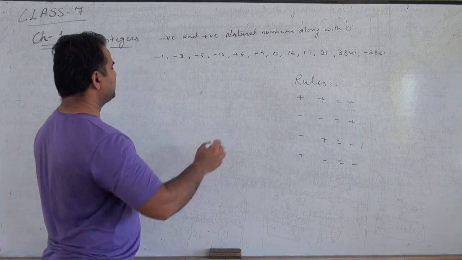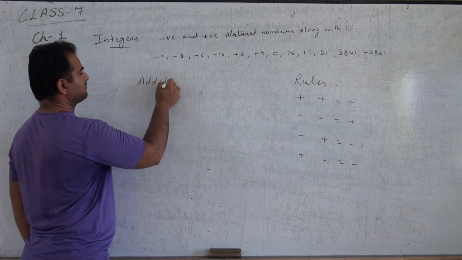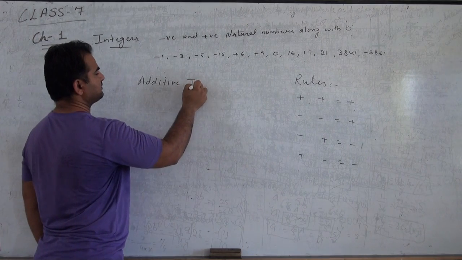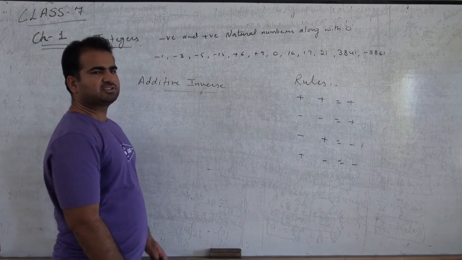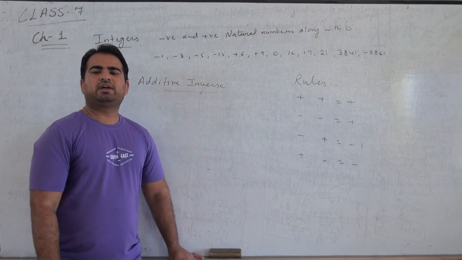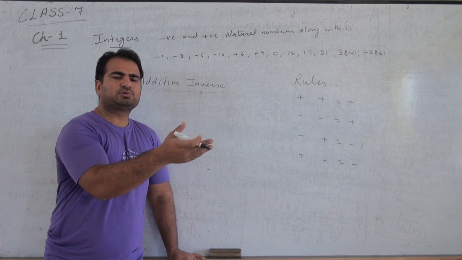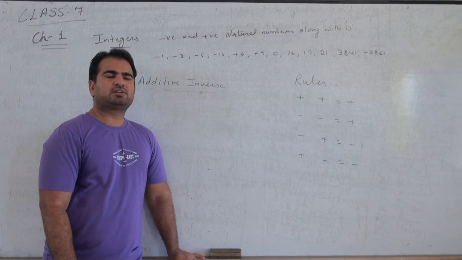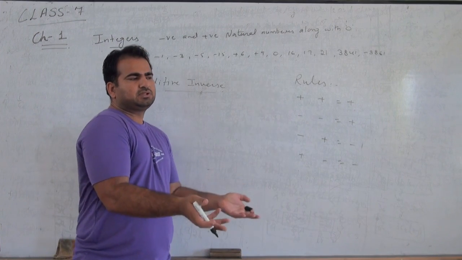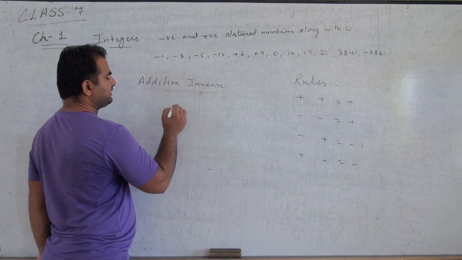We have to understand what is additive inverse. What is additive inverse? Additive inverse means the opposite of that number. What is the opposite of minus 3?